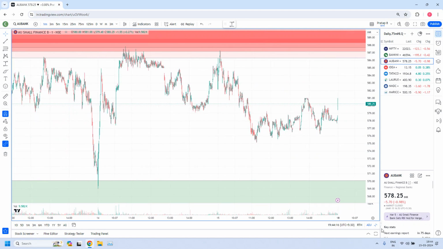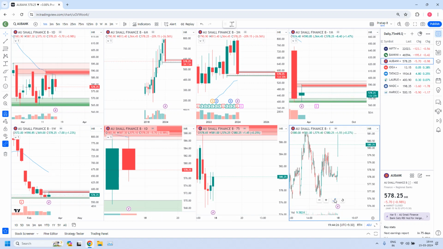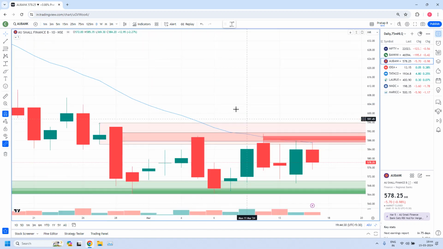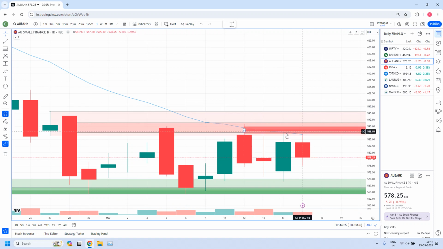But I also looked into, previously I told you, generally what I do every time after drawing the zone. I don't know how many of you listened to this point in one of my earlier videos. Every time I draw the zone, lower time frame zones, I go to daily zones, and I check if there is any confluence, EMA confluence.